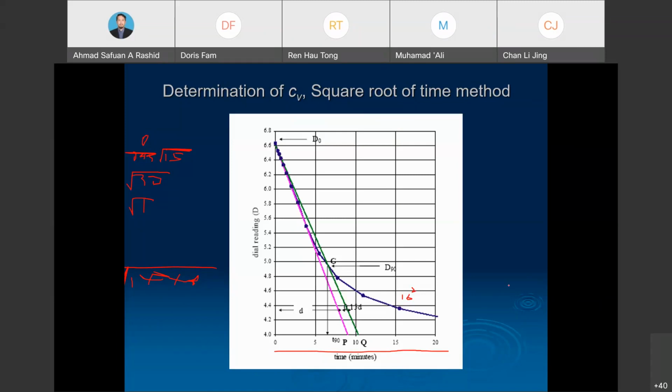But it's not up to 1440. Berapa value dah? 1440 square root. Actually 38. So basically, it should cover up to 38 minutes.